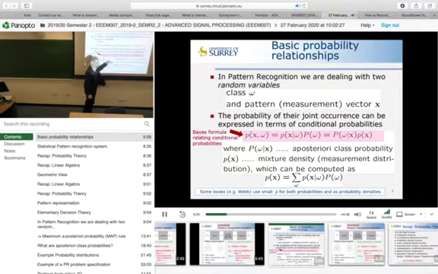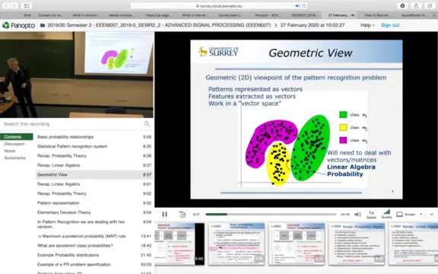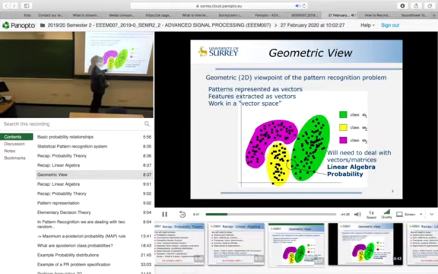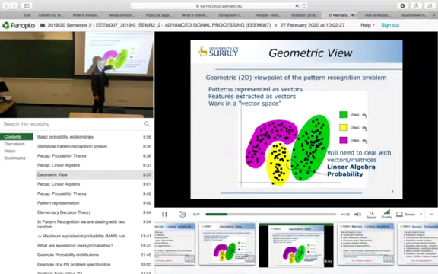This is the distribution of our values. If I go back just a couple of slides to this picture, if I knew I was in class omega 1, I can imagine a sort of probability cloud in this green space.